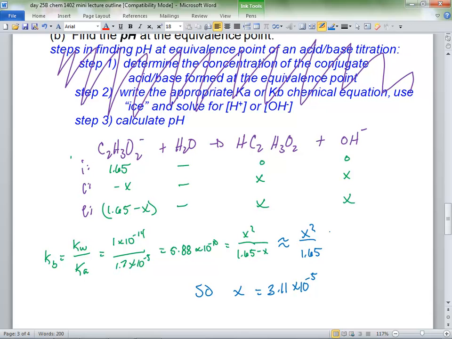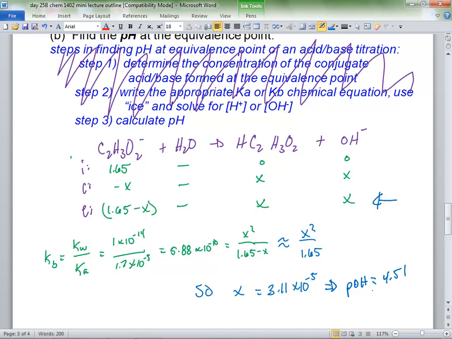Well, I don't think you even have to remember it, because I end up looking at this ICE table every time and seeing what x is. X in this case is OH. So you've got to be careful. X is OH. So if you take the negative log of 3.11 times 10 to the negative 5, you just got pOH, which is 4.51.